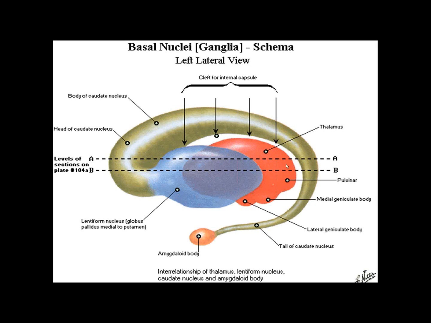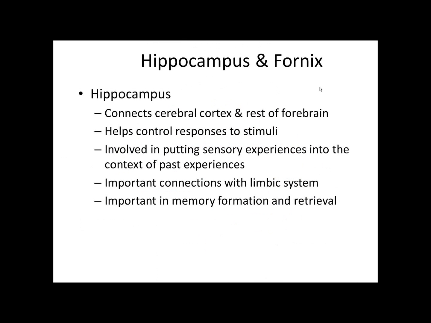So we have multiple structures that do other things as well. We've talked about the thalamus having a primary input-output function as well. We have the caudate nucleus, which is this communication pathway between these various structures. And so it's a much more complicated grouping of structures than it was originally thought to be.